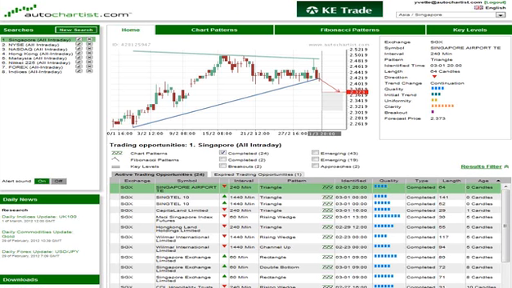Okay, the other thing that we've added was to incorporate this age column. The age column basically allows one to view the latest trading opportunities in order of freshness, if I can put it that way.